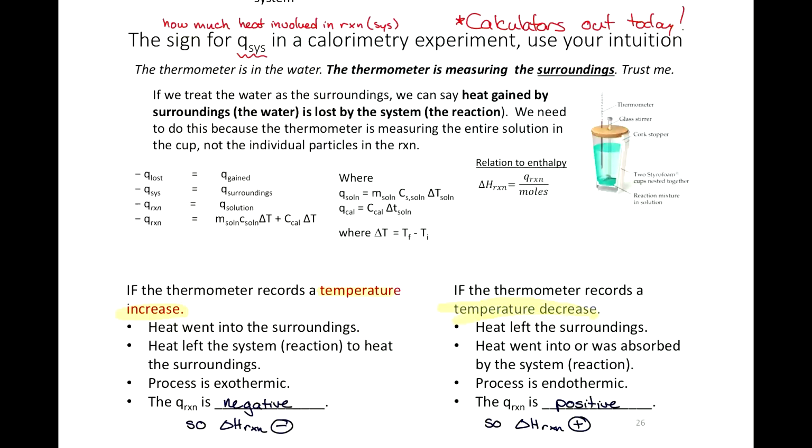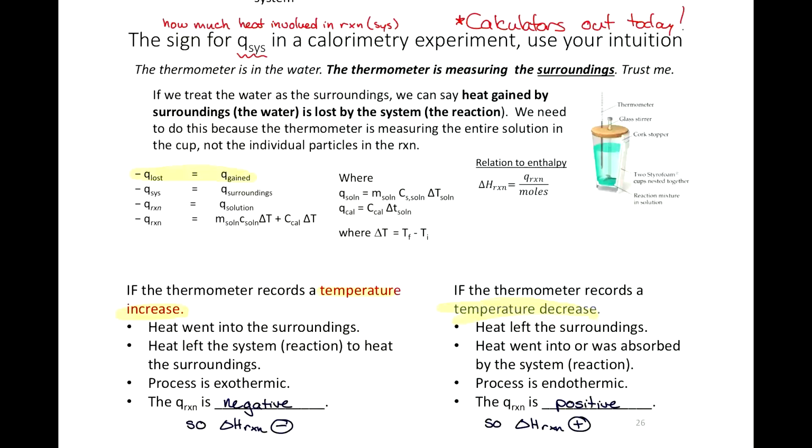With calorimetry, really what we're doing is utilizing the first law of thermodynamics, which is right here. The heat lost somewhere is always the heat gained somewhere else. So we're just going to be clever and say, okay, the reaction is losing heat, therefore the surroundings, the water, is gaining that heat. Typically what we're doing is measuring the surroundings, and we relate it back to the actual reaction, the actual system.